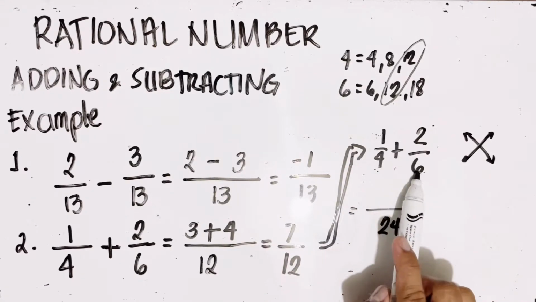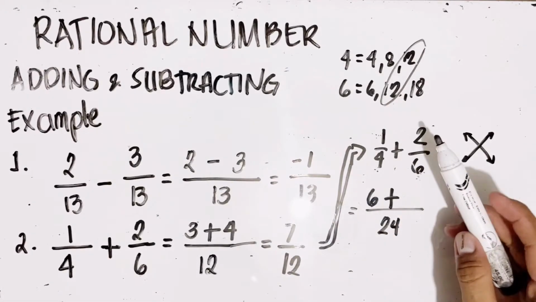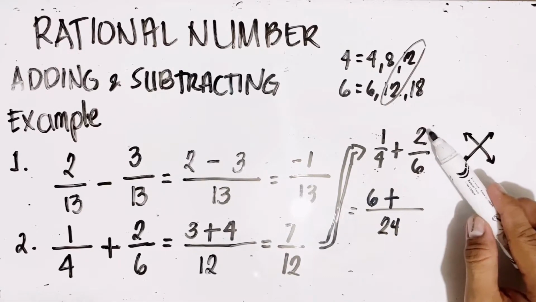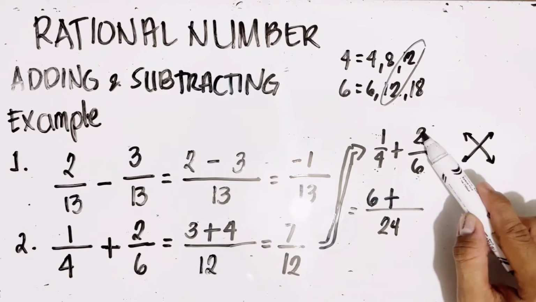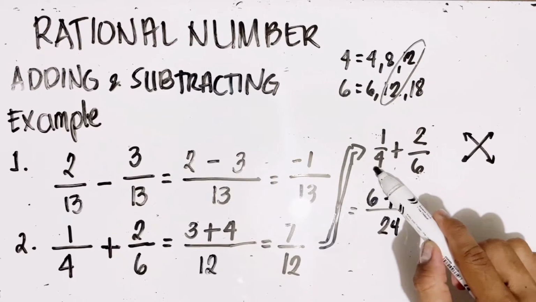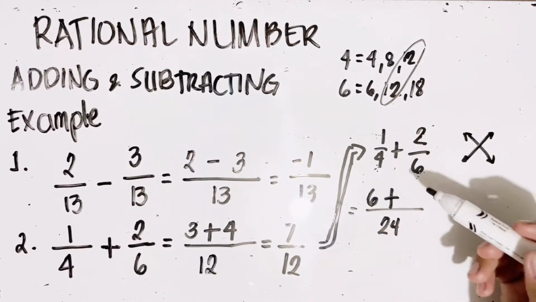So 1 times 6 is 6. Copy the operation. Next, for the new numerator of this fraction, you multiply the old numerator with the denominator of the other fraction. So 2 times 4 is 8.